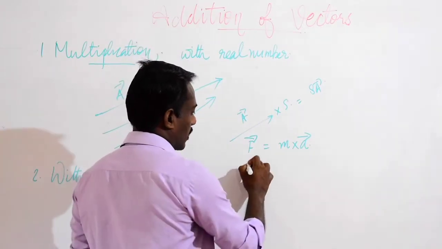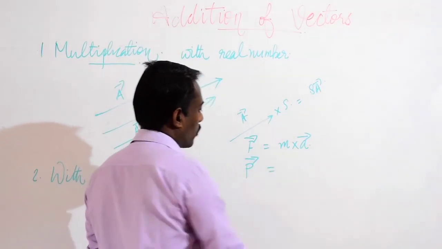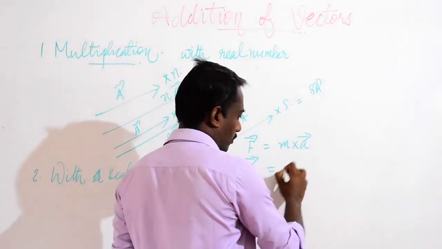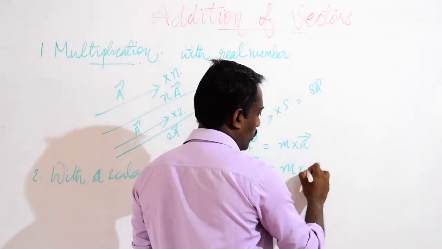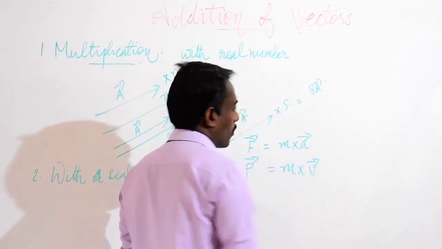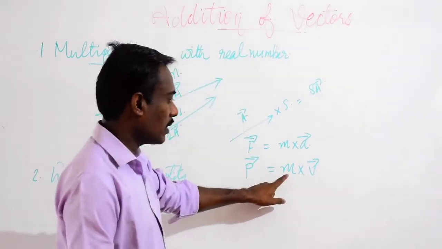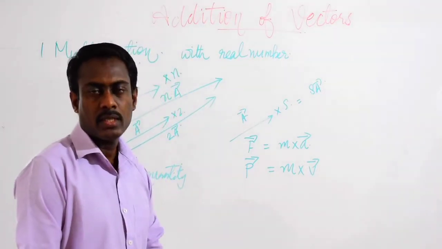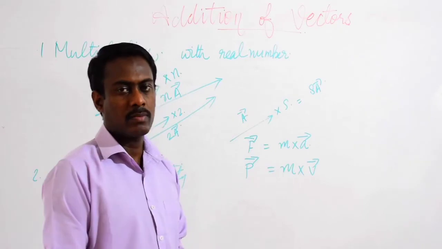Likewise, momentum is a vector quantity. Momentum is m into v, that is mass into velocity, where mass is a scalar quantity and velocity is a vector quantity which has both direction and magnitude.